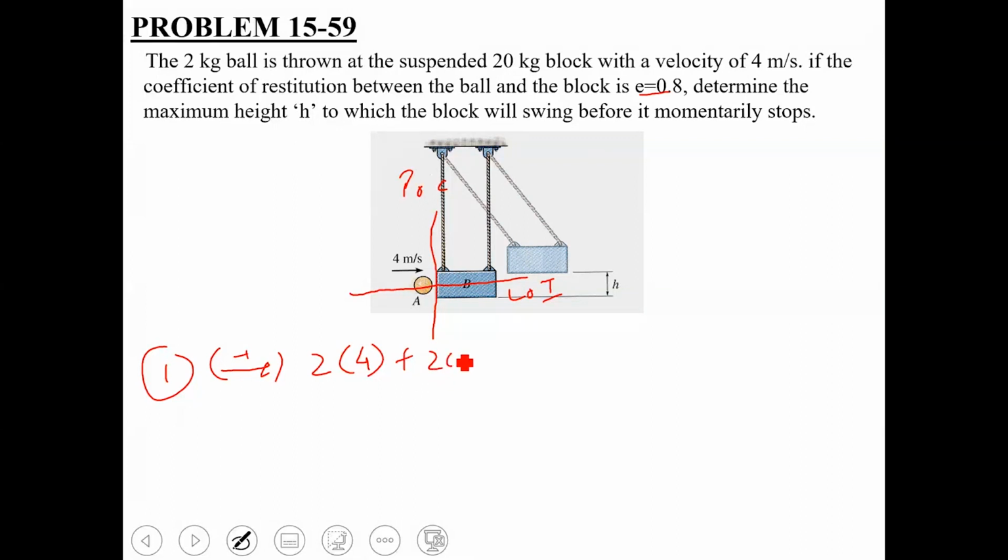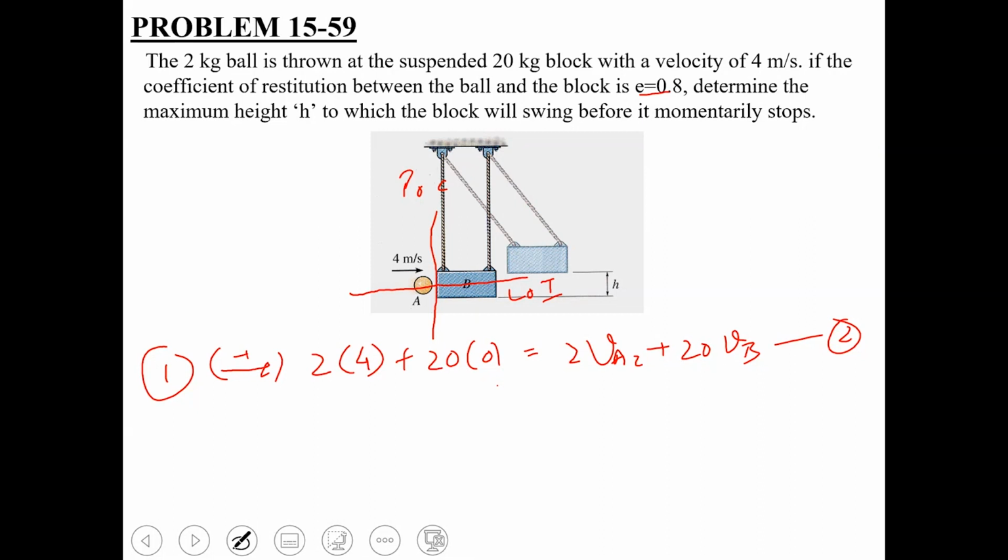What is the momentum of block B? Momentum 0. Since block B was at rest before collision, it would have 0 momentum, and that should be equal to the final momentum, which is 2 VA2 plus 20 VB2. So you are going to get one equation in terms of VA2 and VB2 in step number 1.